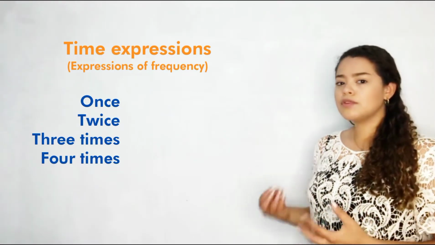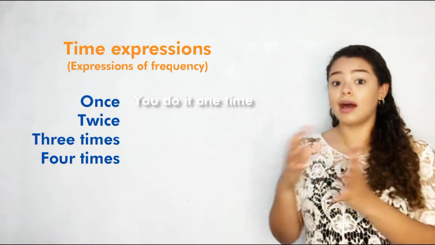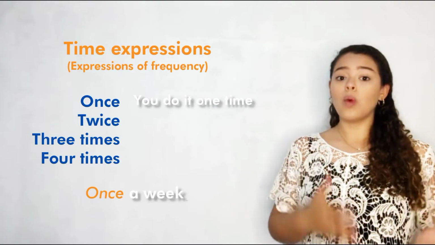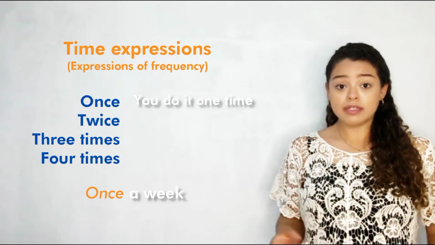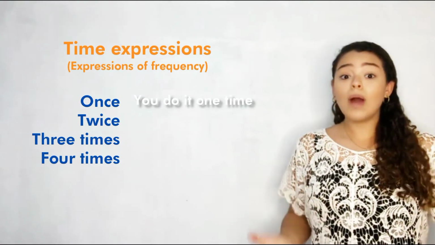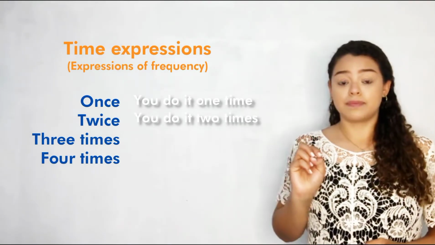Now, the meaning of once is that you do it 1 time, and then you add the extra word. For example, once a week. This means only 1 day of the week. Now, twice means 2 times. Okay?